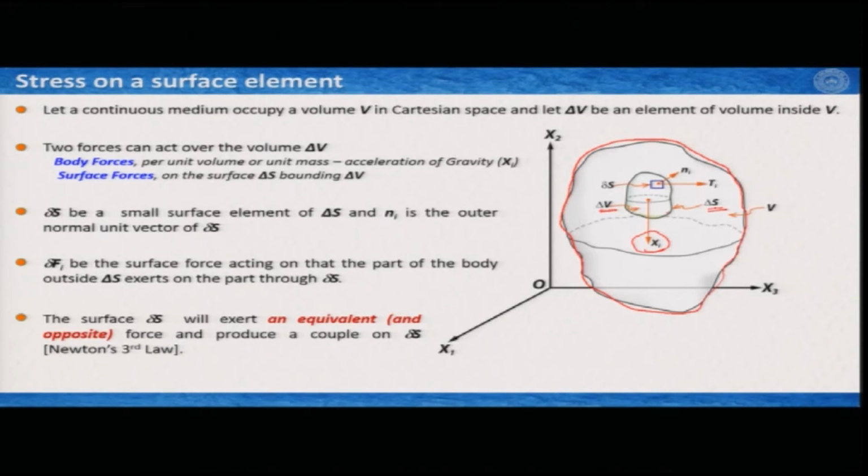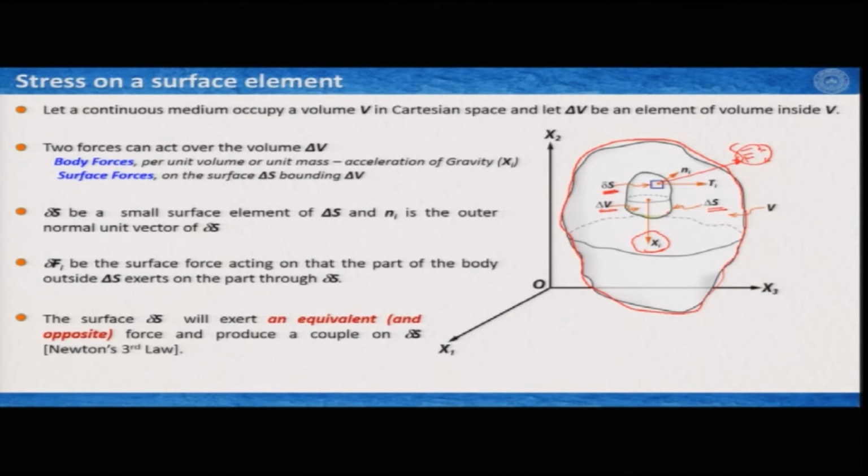On the surface of this volume a force is acting. Now, we can consider a very small surface within this volume del V, which is del S, and on this del S there is a force acting, say del F I.